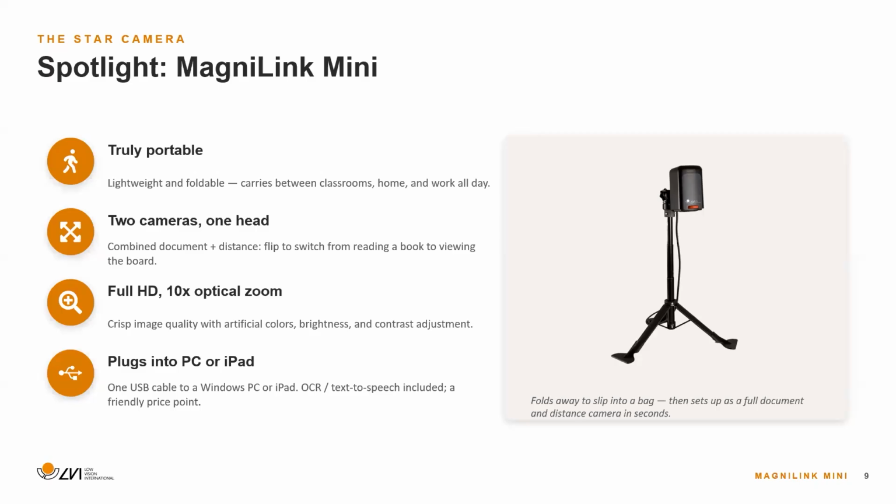And sometimes, as we mentioned at the beginning, there's a buy-in versus specs. So the buy-in for the student might be, I want the tiniest, lowest profile camera ever because I don't want to look different than my peers.